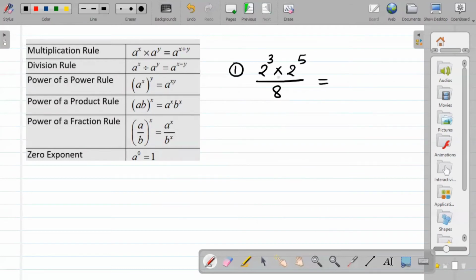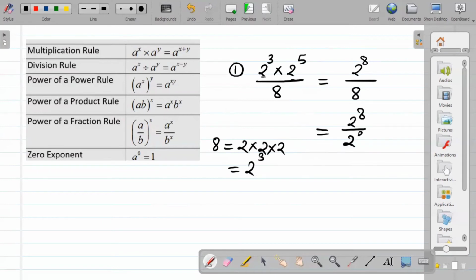Now, what can you do? First, here the bases are the same, so you can add the powers. What is 2 raised to 3 plus 5? That is 2 raised to 8, upon 8. Now, this 8 can be written as a power of 2, so this is nothing but 2 raised to 3. Instead of 8, we can write 2 raised to 3, right?